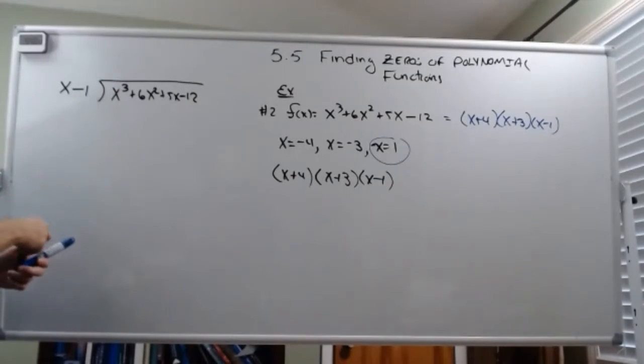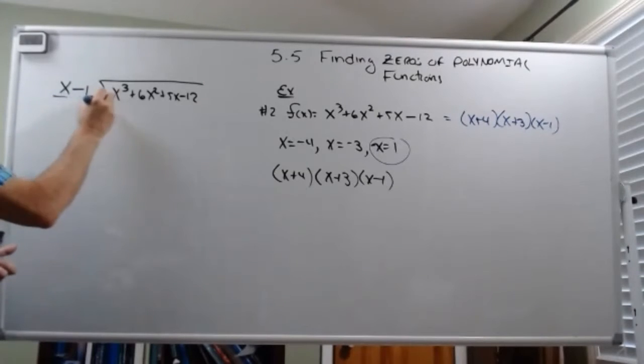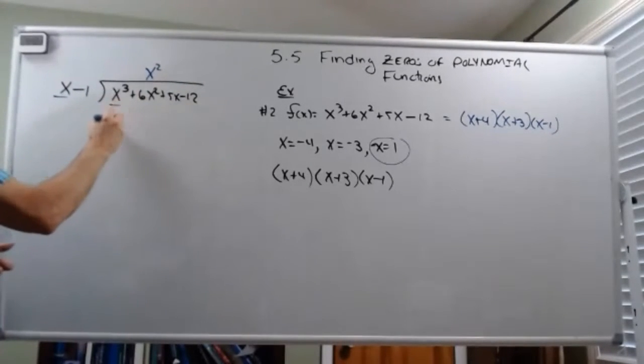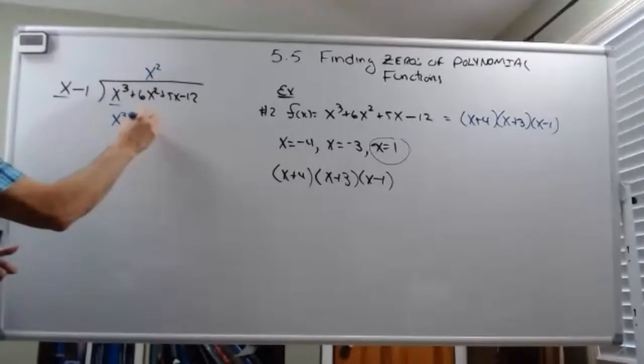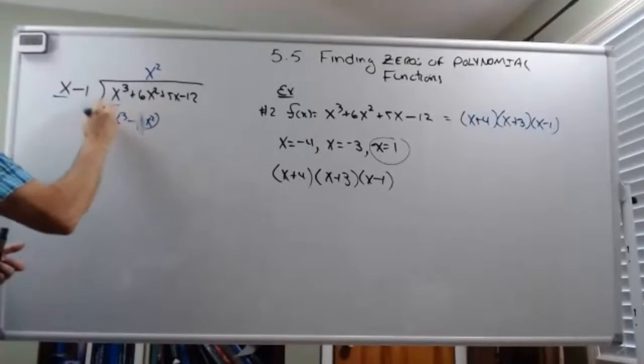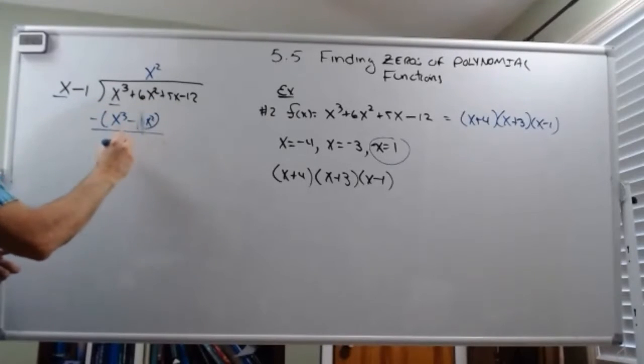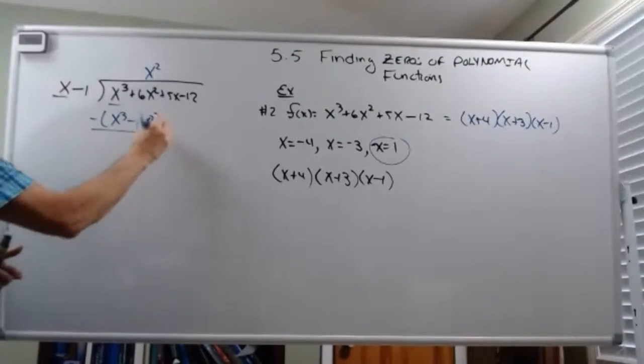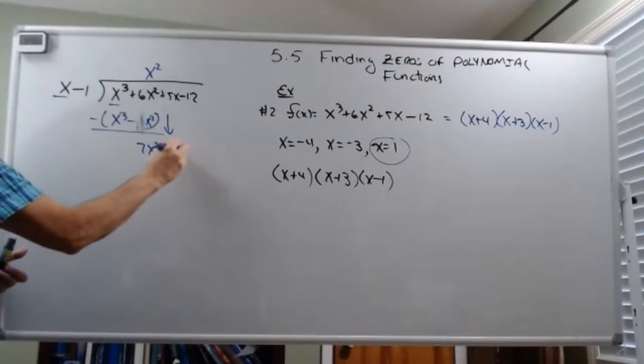I look at what I need to multiply this by to get an x cubed, and that would be an x squared. To do that, I get x cubed minus x squared. I would be subtracting over here, so that becomes 0. That becomes a 7x squared. Bring down the 5x.